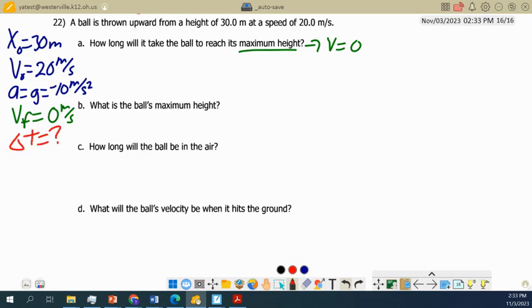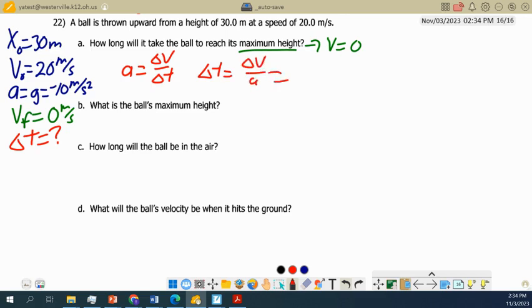Now we have lots of variables. Let's plug them into an equation that will give us an answer. Again, we're looking for time here. The equation that would best work for us is a equals delta v over delta t. So if we rewrite this solved for delta t, it's delta v over a.